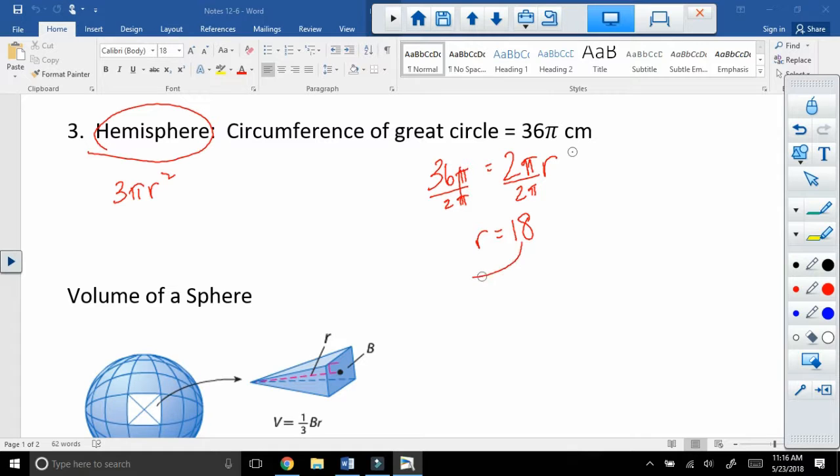I can then plug that in for the radius. So 3 pi times 18 squared. Lydia, if you'd like to leave it as 972 pi, you can. For those of you that prefer the decimal, it's 3053.6. Both of those would be square centimeters.